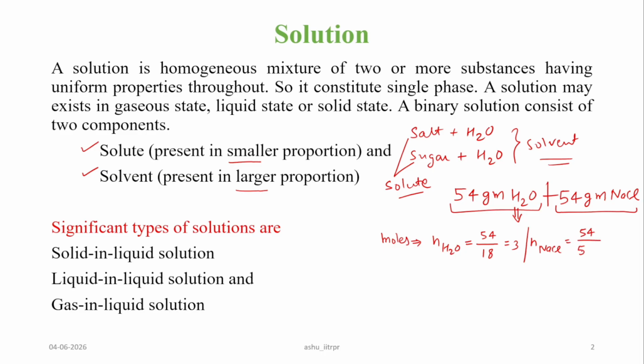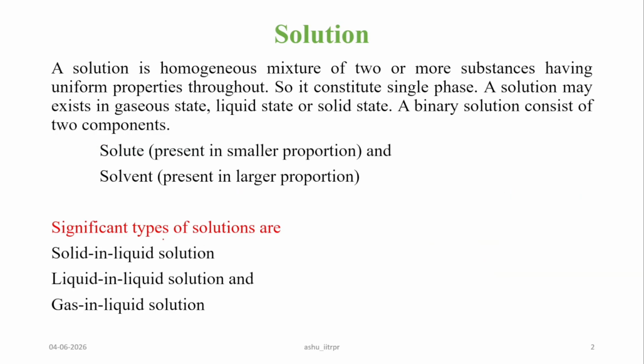Molar mass of NaCl is 58.5, so it will be less than 1, somewhere around 0.9, or very precisely 0.92 moles, whereas water has 3 moles. Anything which has greater moles, water will be the solvent. So if the amount is the same, we can predict it on the basis of number of moles.